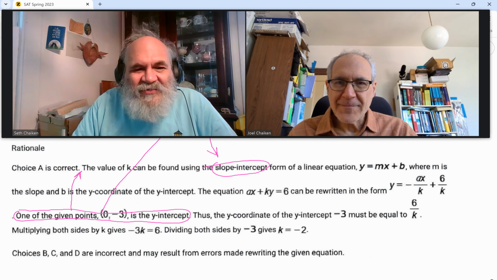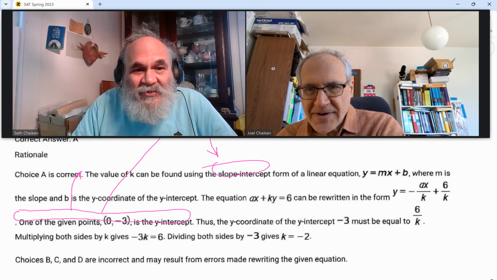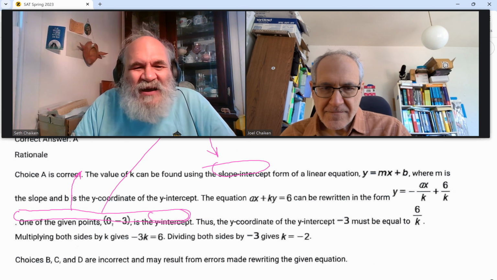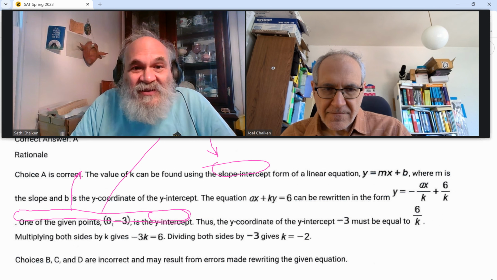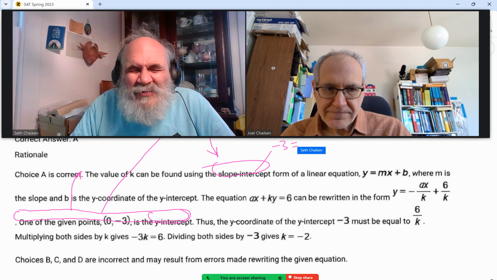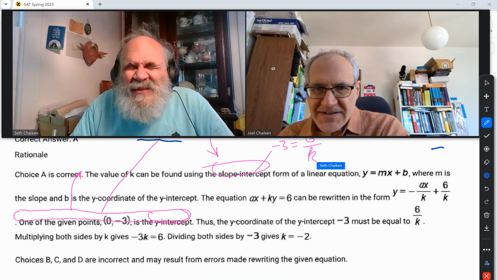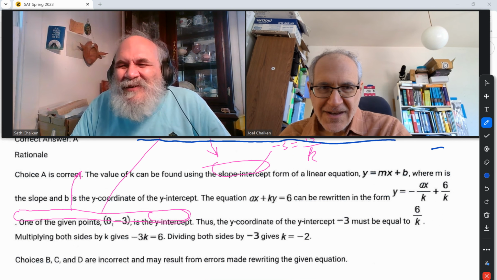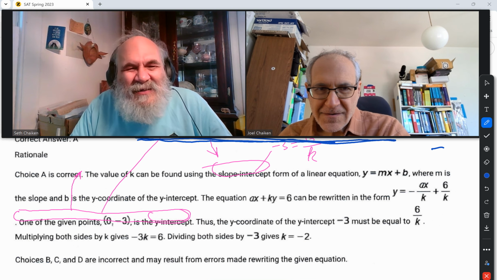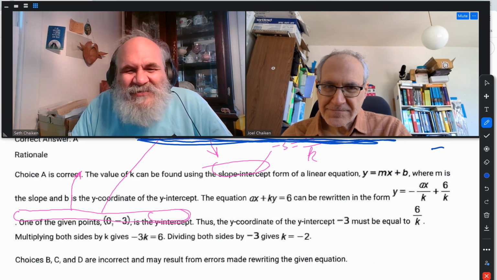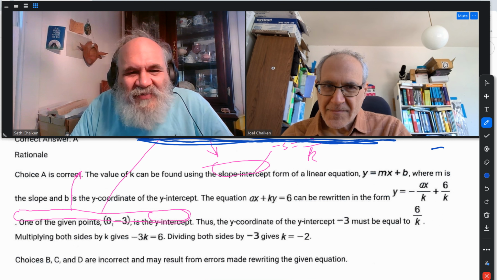Because we know from this that -3 is the intercept. -3 equals the intercept, which is 6 over k. Seth, you can't go above this line. Okay, sorry, I forgot. So I circled this. This circle motivates.